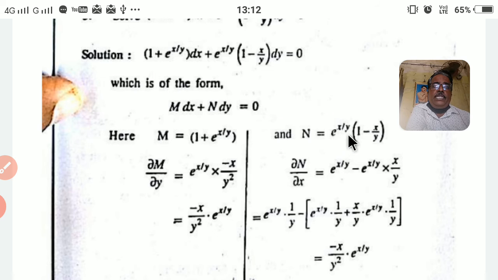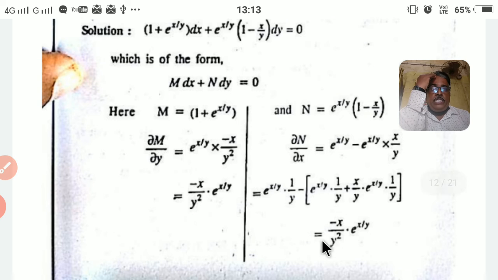The first function e^(x/y) as it is, times the differentiation of the second function: the differentiation of 1 is 0, and the differentiation of x/y keeping y constant gives 1/y. So e^(x/y) into 1/y, minus the second function as it is, e^(x/y), into the differentiation of x/y.